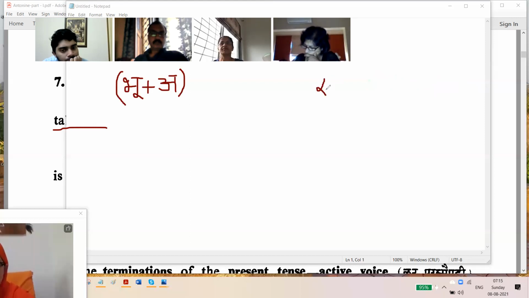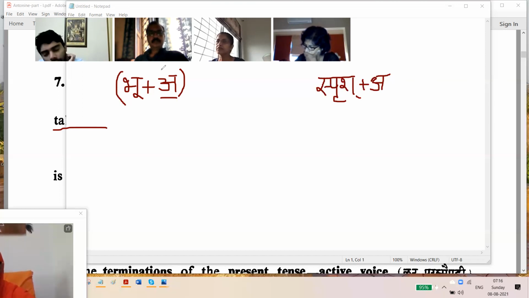Each conjugation has its own gana vikarana, and each has its own specificity. Suppose we add this akara as the gana vikarana for the first conjugation. The significance of the akara is that it always causes guna of the last vowel and of the medial vowel.